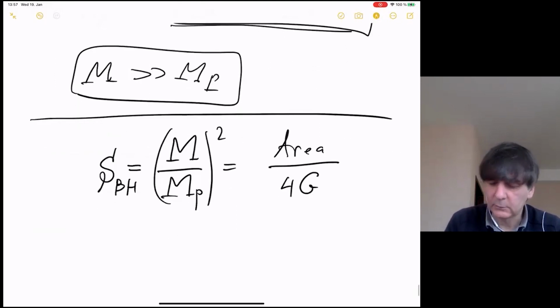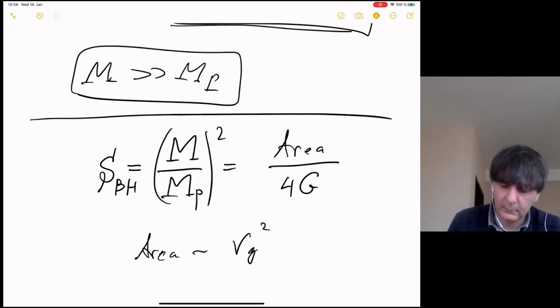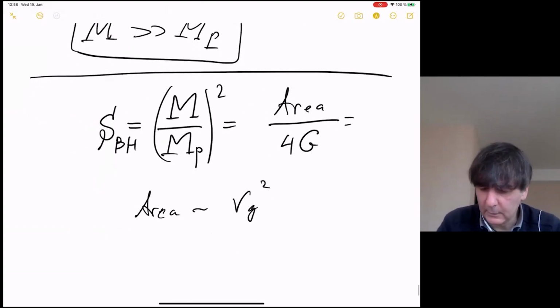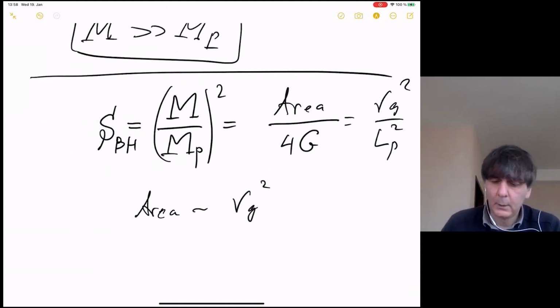There is also a factor of 4 here, but area is of course proportional to Rg square in 3+1 dimensions. Or you can write it as an area in units of Planck length squared.